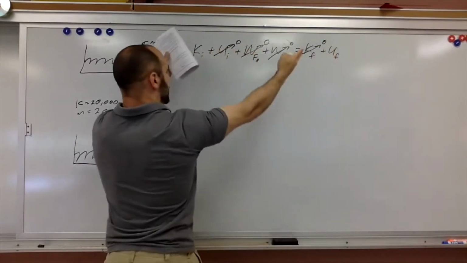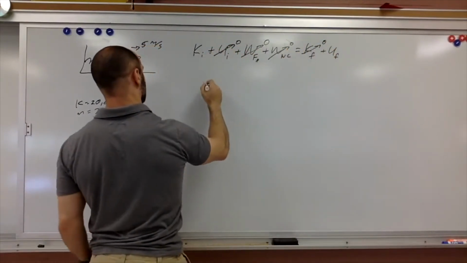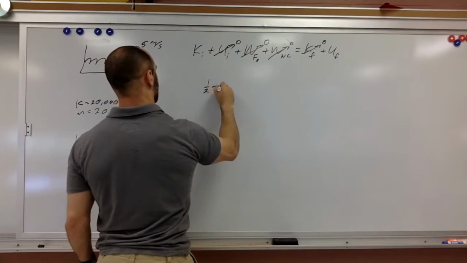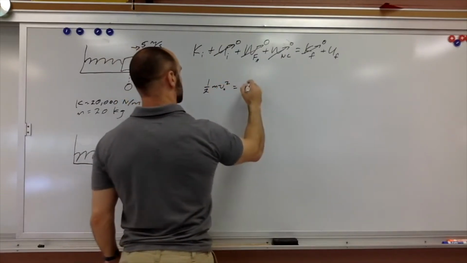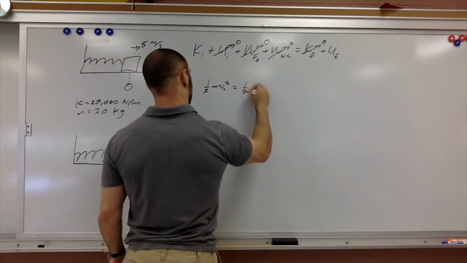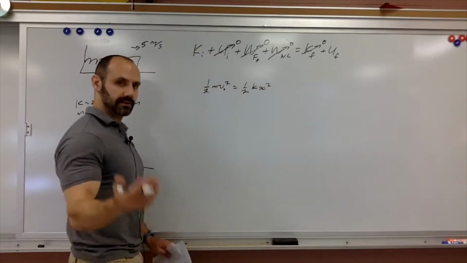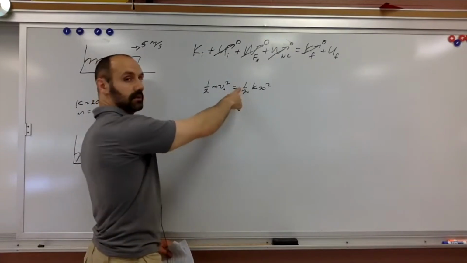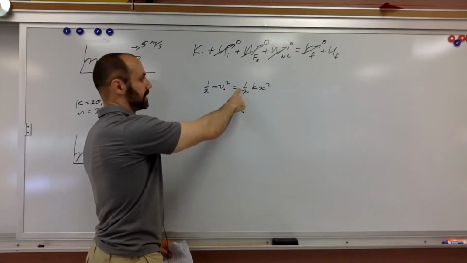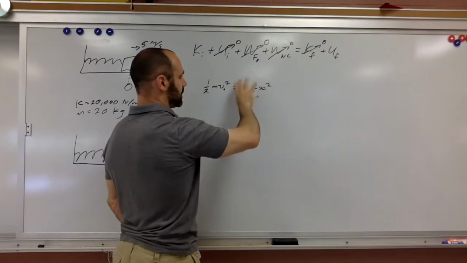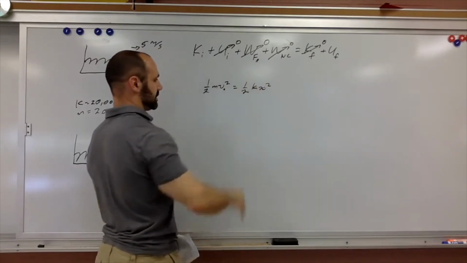So now I take what I have from this equation and I put it in. Kinetic energy, 1/2 mv squared, equals 1/2 kx squared. Similar to what we had before, but how is it different? Well, I don't have a 2 in here. I'm not adding this up twice. Instead, what we're saying is all of this energy now is in the form of elastic potential energy.